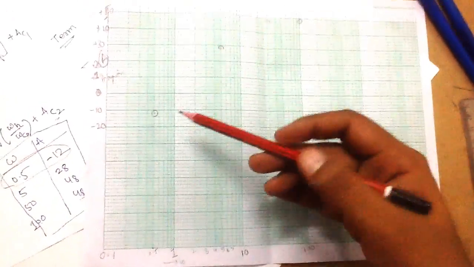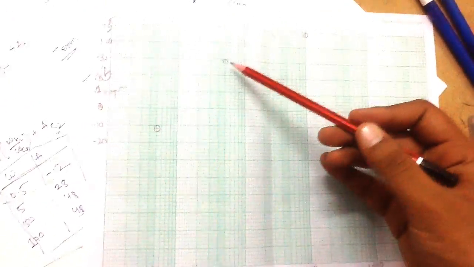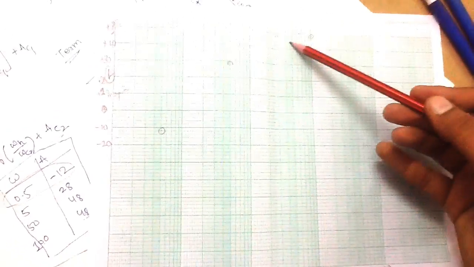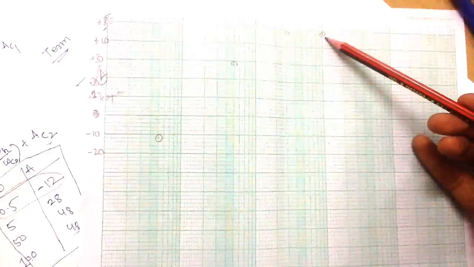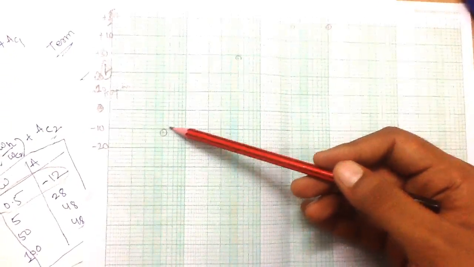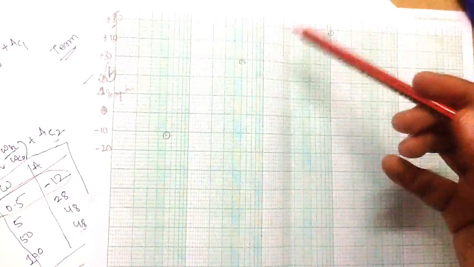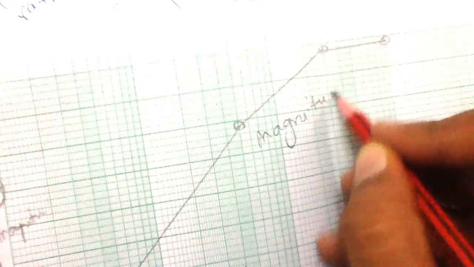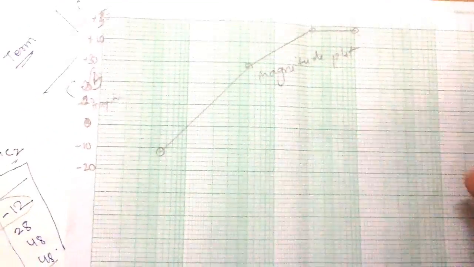So now I have marked out for different values: for 0.5 -12, for 5 28, for 50 48, and for 100 48. Now for the Bode plot, we need to join all these dots using a scale. So this gives you your magnitude plot of the Bode plot.